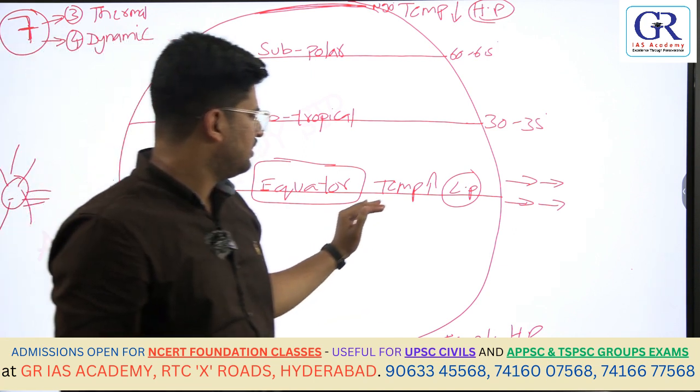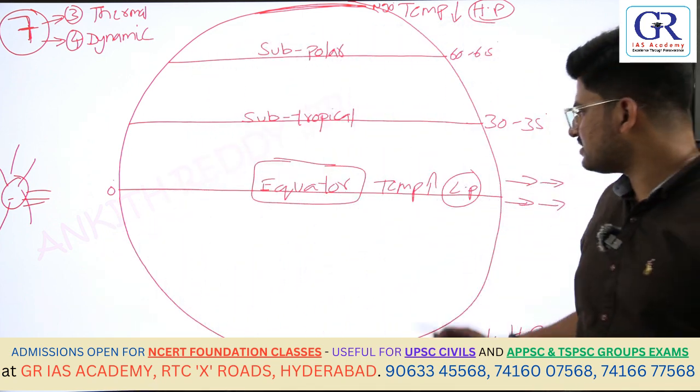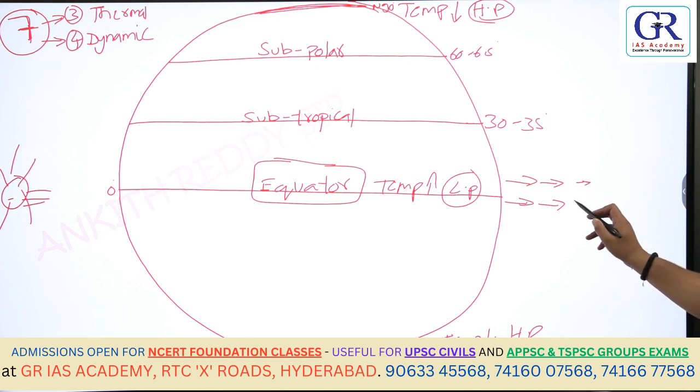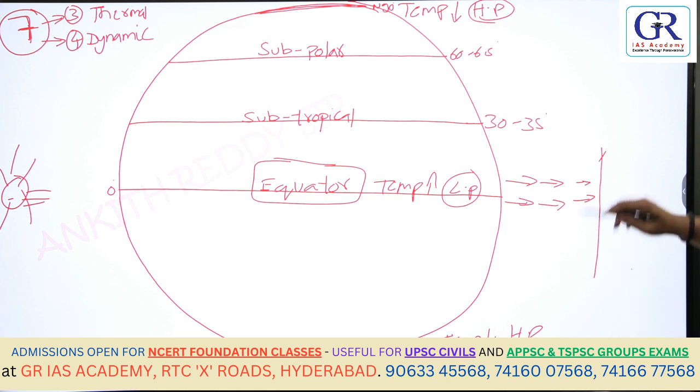Now, since the temperatures are high at the equator, the air rises and moves up to the troposphere, and after that it starts moving laterally.